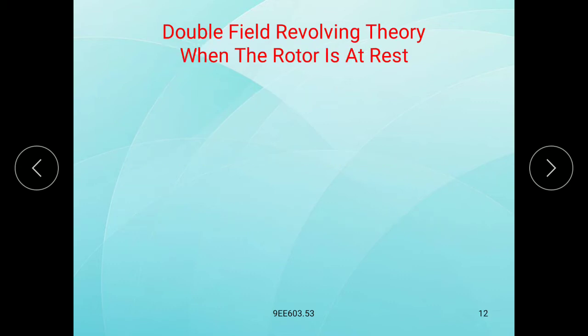In double field revolving theory, when the rotor is at rest, each flux produces its own torque. The forward flux produces the forward torque and the backward flux produces the backward torque.